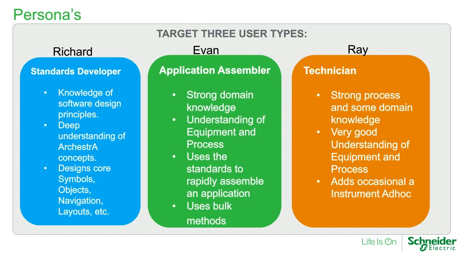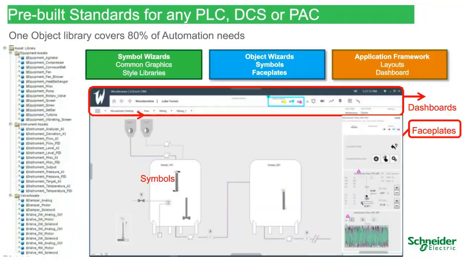For Ray, we basically introduced a library, an object library that reflects things like an agitator, a compressor, a flow PID, a two-way valve, where an application assembler understands, like, oh, I know what that is, I can configure that. So you have symbol wizards with object wizards and an application framework that you can use out of the box.